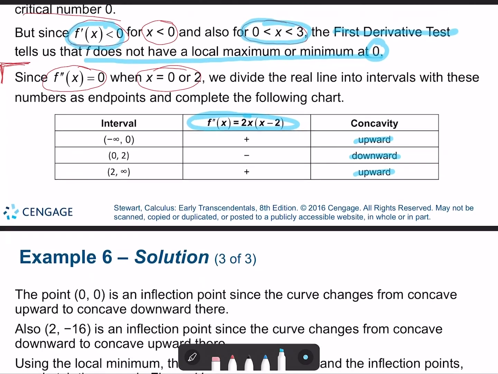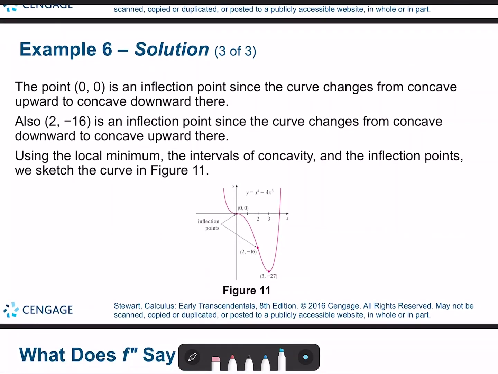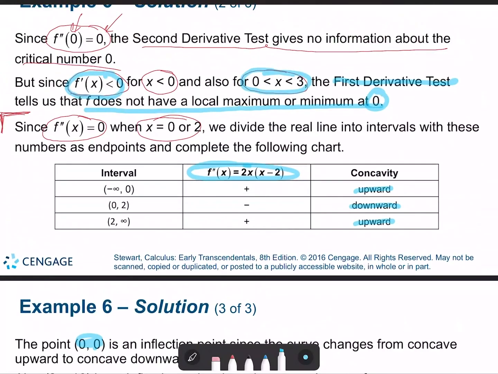Wow, so how are we supposed to use all of this information to get a better idea of what this graph is, having never actually seen this graph, although I've scrolled down and showed it to you before we even started this problem. The point 0, 0 is an inflection point since the curve changes from concave upward to concave downward. We saw that here. Here's the point 0.